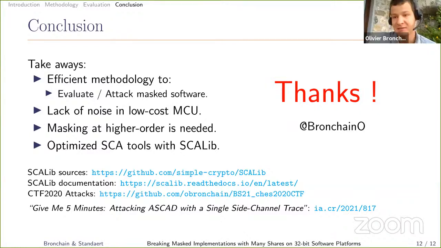Okay, so as I said, I think in one of the first slides, for evaluation we would like the evaluator to be in the best case for him. So it means that he can tune the measurement setup so that there is no jitter. So in practice, on the MCU, we use the crystal to derive the clock.